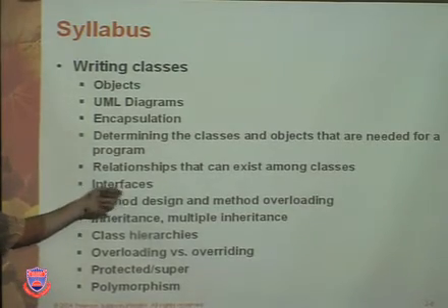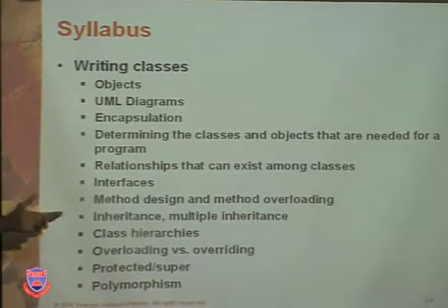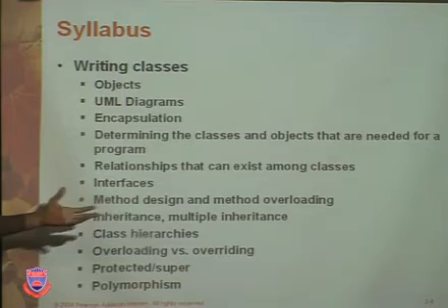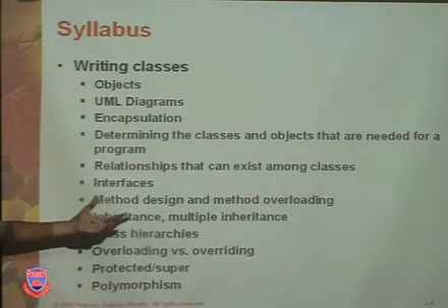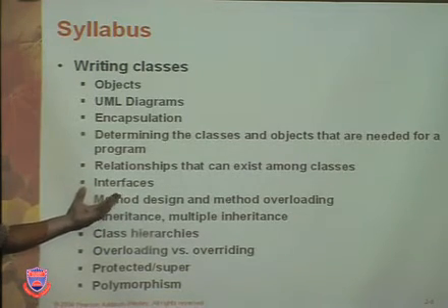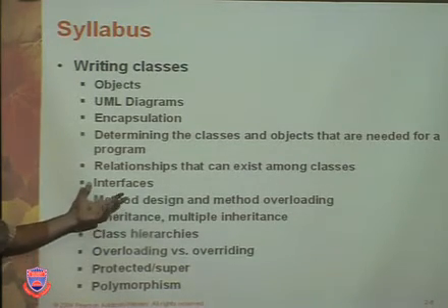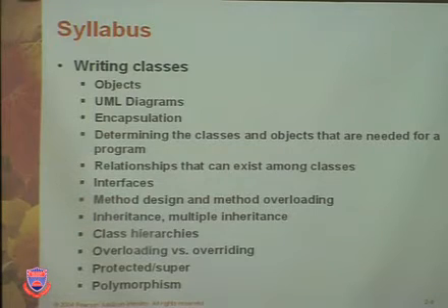Interfaces. This is also a topic that we will cover. You will define an interface that is used by programmers. What this is referring to is if you define a class for many groups that are working on the same topic, you would like to create an interface that is accessed by all the groups separately in the same manner.